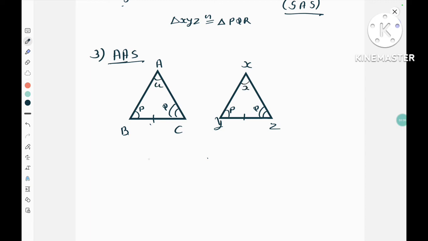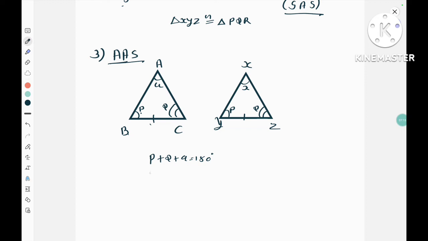So what am I going to write here for the first one? P plus Q plus A equals 180, as you learned that in a triangle all three angles add up to 180.